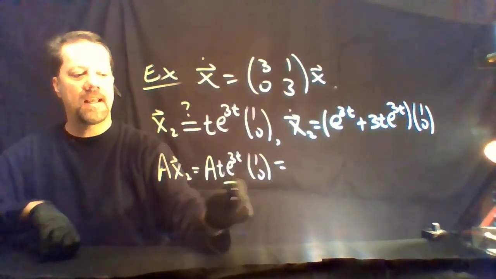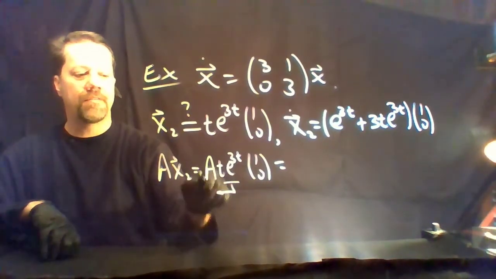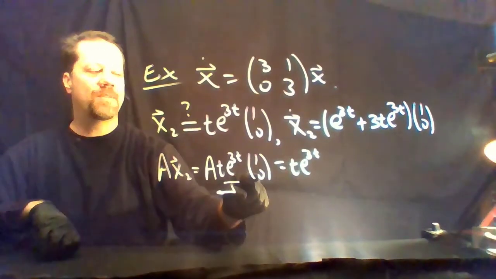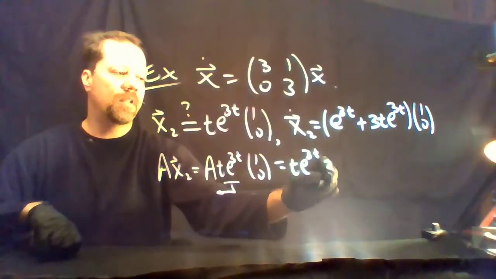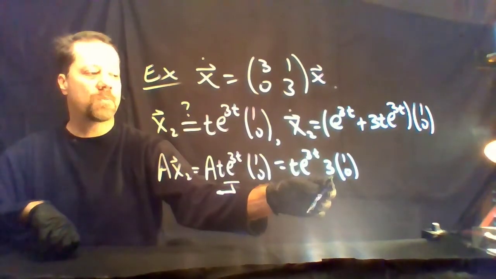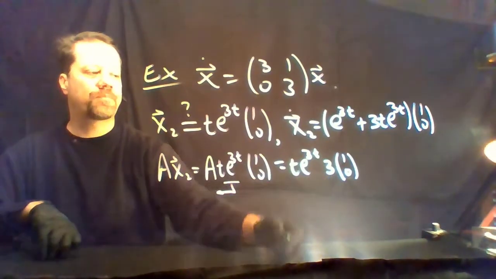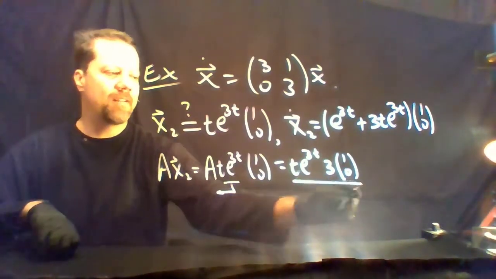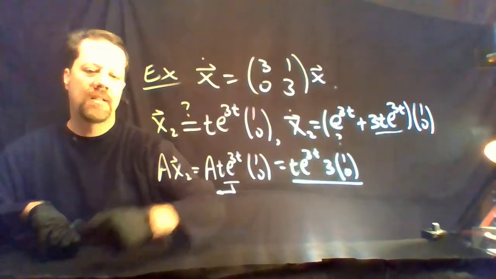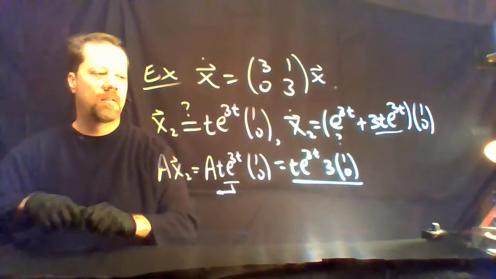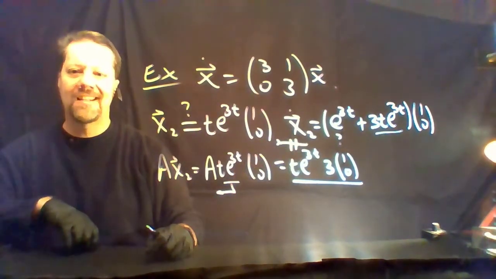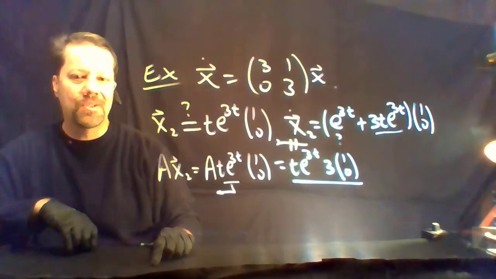The scalars can be moved out into the front. And A times this, we know, is 3 times that because this is an eigenvector corresponding to eigenvalue 3. You can now see that this matches only one of the terms, leaving us to account for this. We don't get equality, and hence we do not have a solution.